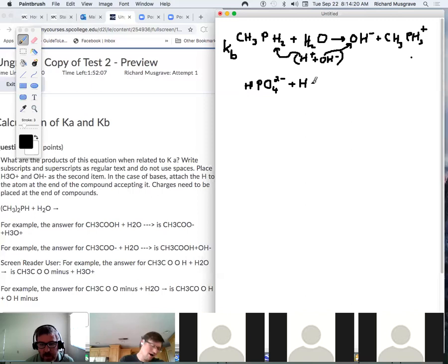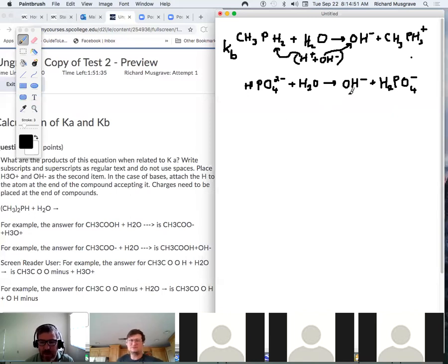B is for base, of course. So we're getting OH minus. Can anybody tell me what the other species would be? H2PO4 2 minus? Well, no, 2. Minus 1. Minus 1, yeah, that's it. That's right. Good job. There we go.